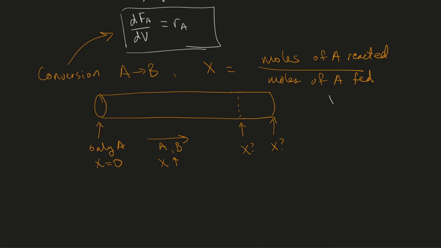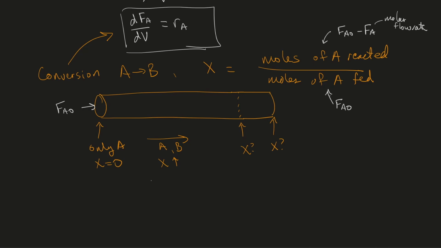The number of moles of A fed to the reactor is going to be equal to FA0. That's our starting inlet concentration of A. And the number of moles of A reacted is going to be equal to FA0 minus FA. And so this FA here is the molar flow rate at a certain point in the reactor, and FA0 is going to be the molar flow rate at the inlet of that reactor.